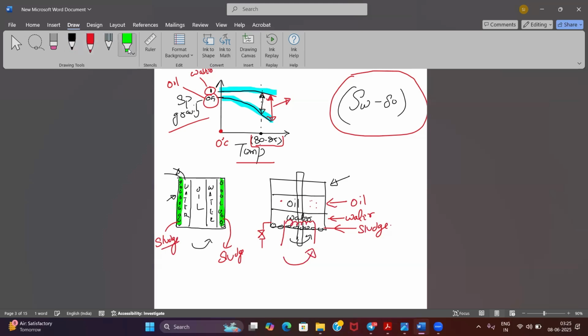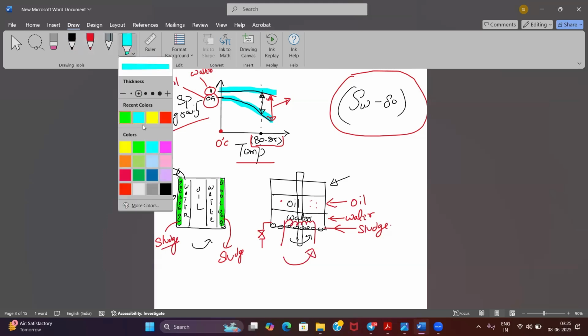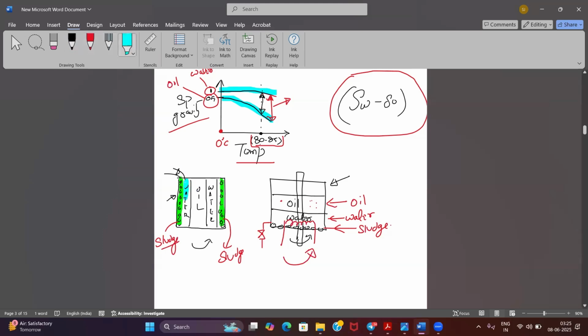After that, the density of water is there, right? Then the water will accumulate over here. And finally, in the inner part, you will have the clean oil. Now you understand that when the centrifugal force is applied, the heavier particles are pushed outwards.